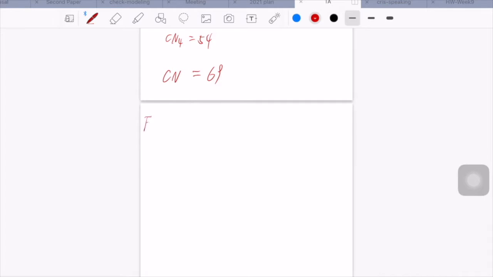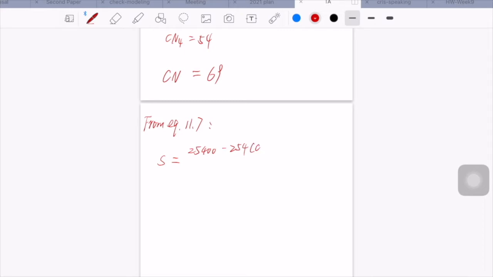And from equation 11.7 in the textbook, for the SI unit system, we know that S should be equal to 25,400 divided by CN minus 254.